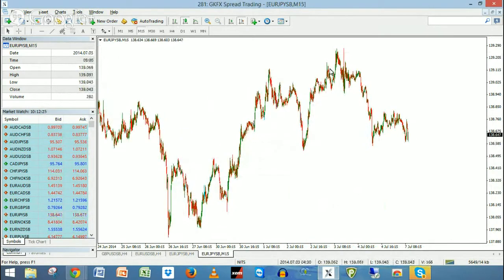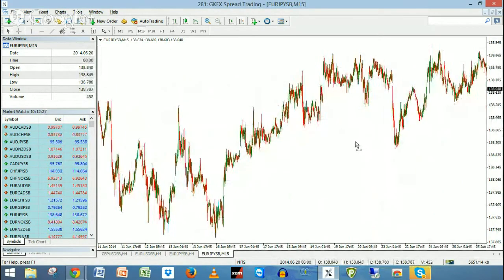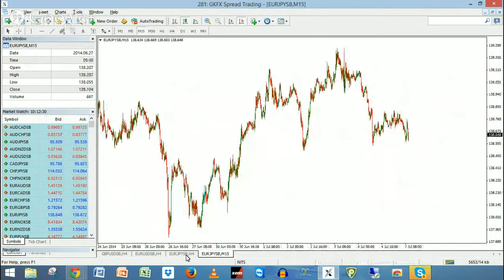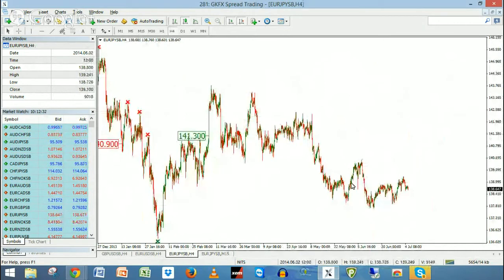Not a particularly great example, but basically if the 4-hour chart's doing this and it's quite boring for you, or you're not making a lot of money, usually these moves here, something like this, this means that you can be making money on the 15-minute chart. Although it can be a little bit tedious on the 4-hour times, the 15-minute chart, if you get time, does help pay off those boring periods.